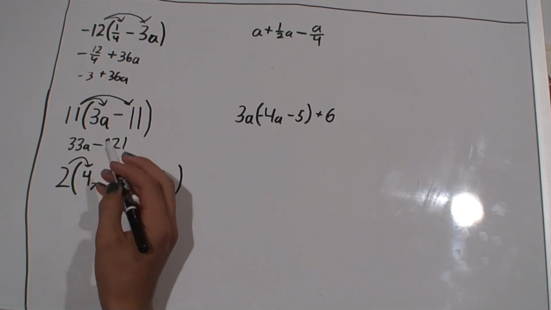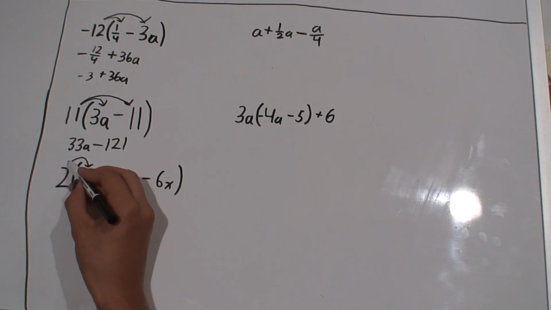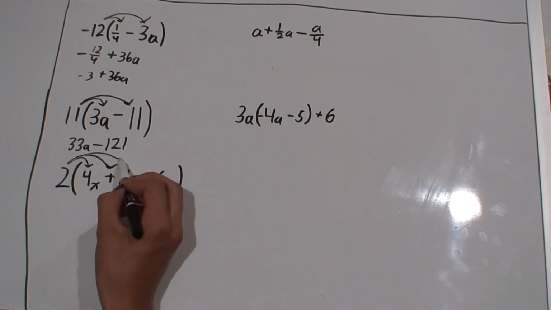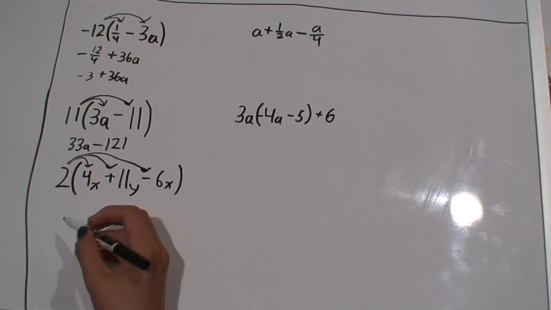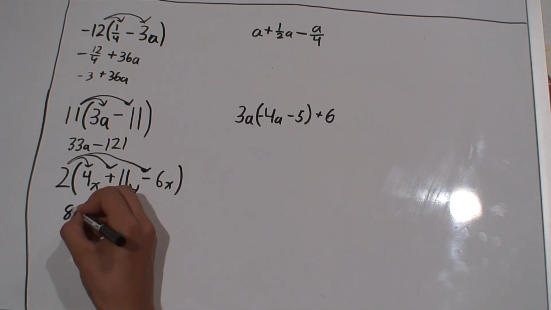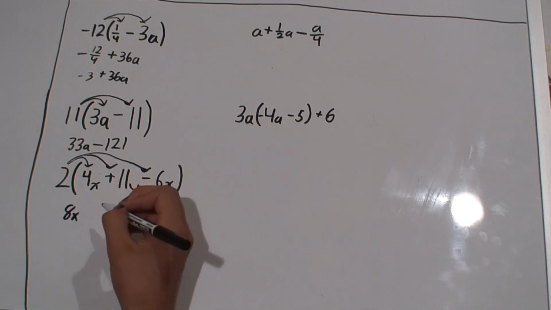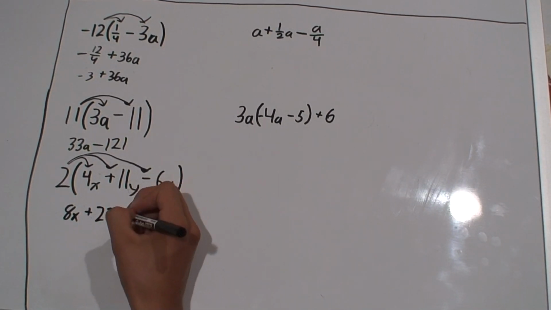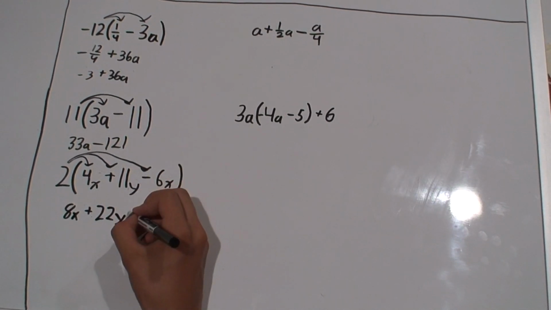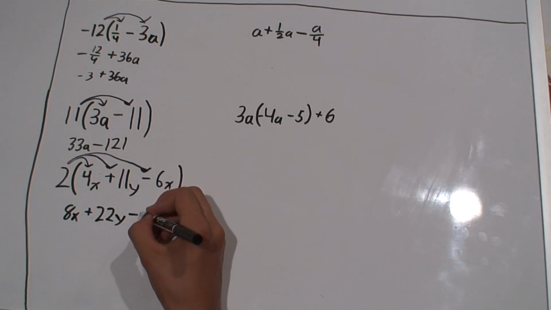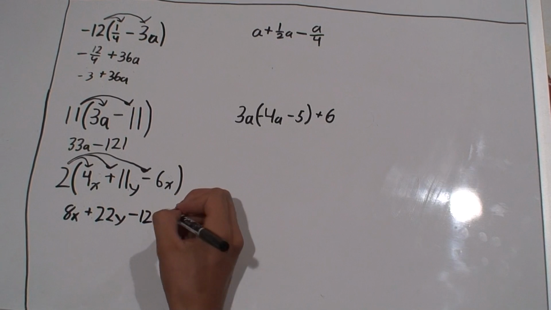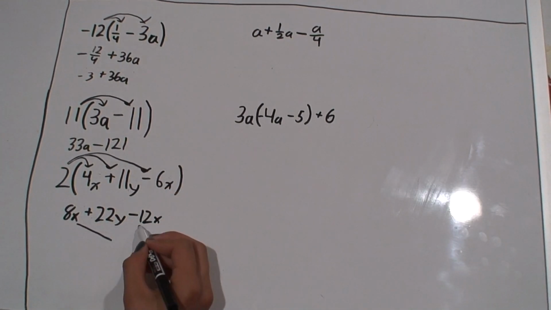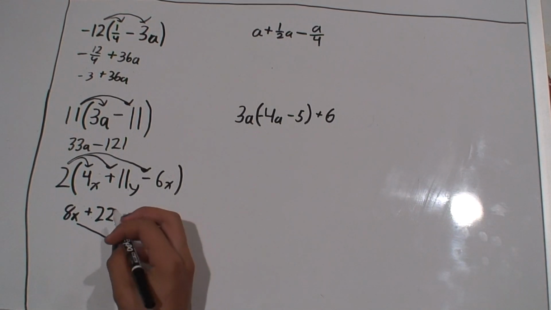Take 2 times the 4. You take the 2 times the 11. And you take the 2 times the negative 6. So you have 8x plus 22y minus 12x. Now you can simplify this further by combining the 8x and the 12x together.